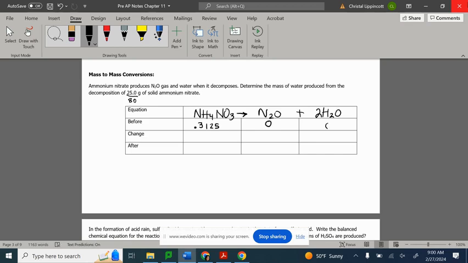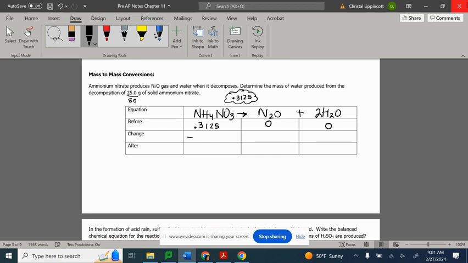I don't have any of this stuff made yet. So I'm going to take this up into the cloud. My cloud then, I'm going to divide this by 1. So 0.3125 is going to become my cloud. Then I'm going to come back down out of the cloud, and I'm going to multiply by the coefficients.